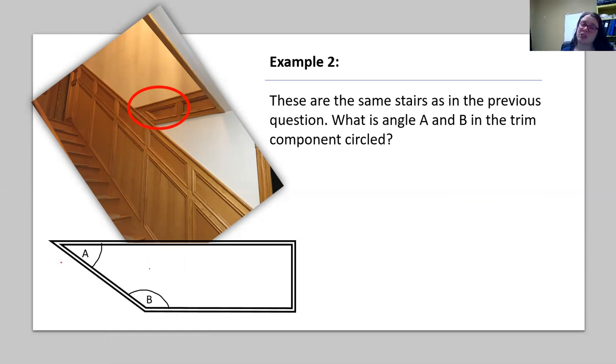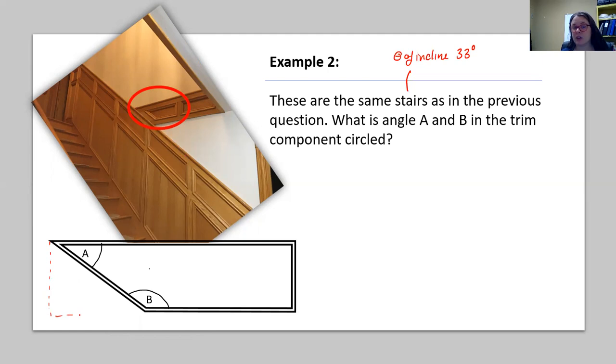Well, the first thing we'd need to know is our angle of incline. So if you remember, they're the same stairs, so the angle of incline was 33 degrees. Okay, so we'll just keep that in mind. We don't have to recalculate that, although you could. If this is my piece of trim and it connects to this, so kind of like a railing, this molding, the angle on this molding matches the angle on my stairs.